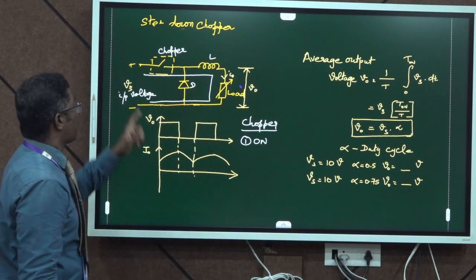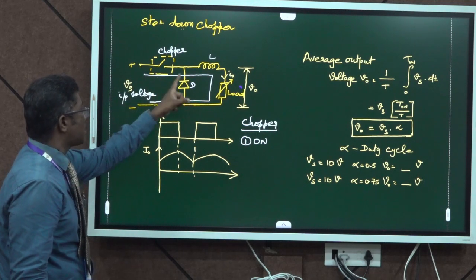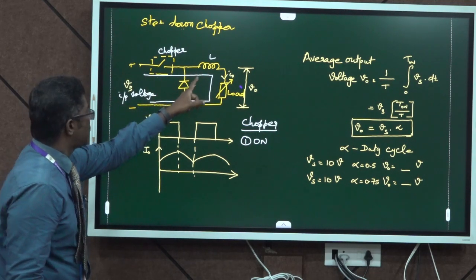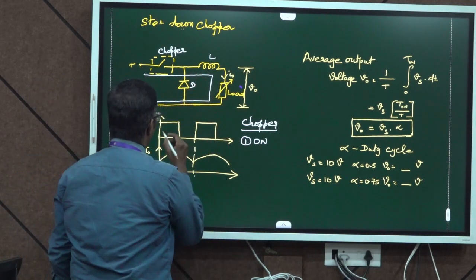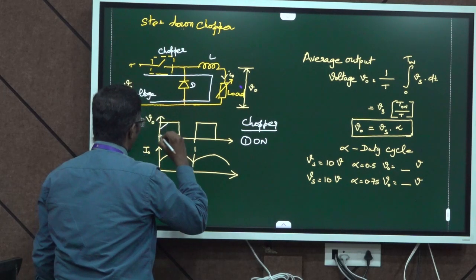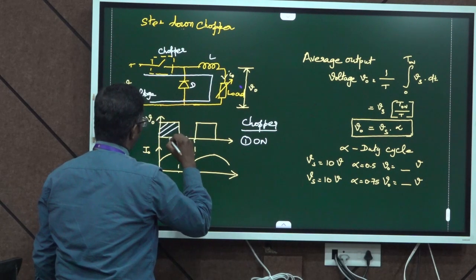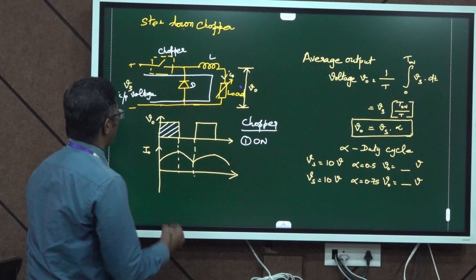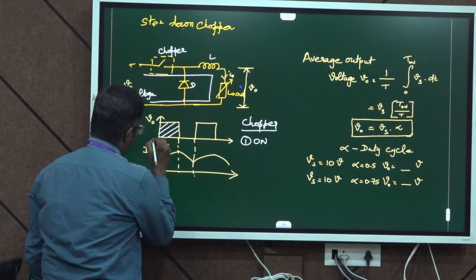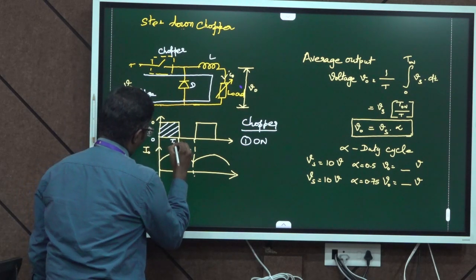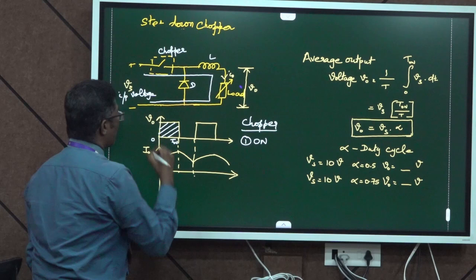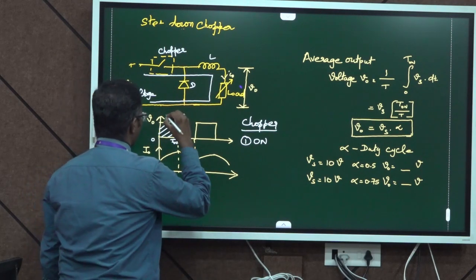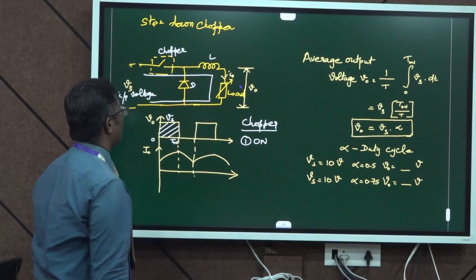At that time I am getting the output voltage V0 during the on time period 0 to t on. The output voltage will be equal to my supply voltage Vs.